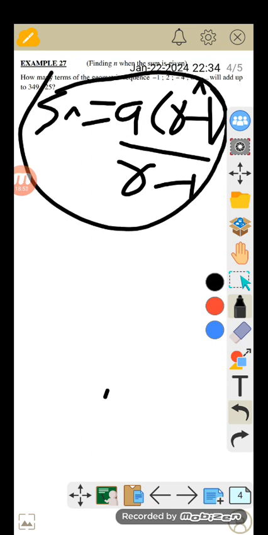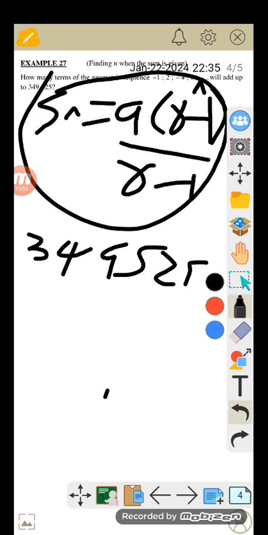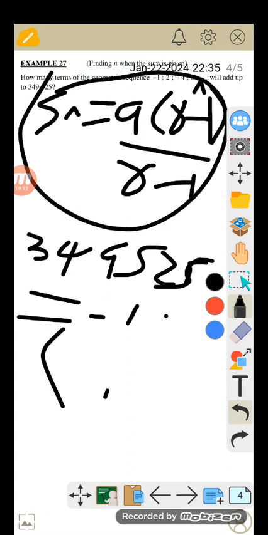My Sn, remember, is 349,525. Right guys? It equals my a, which is my first term, -1, times my r, my common ratio, which is -2, to the power n.